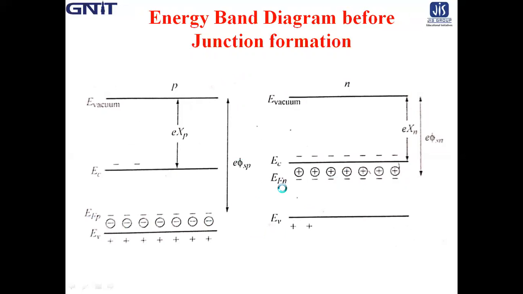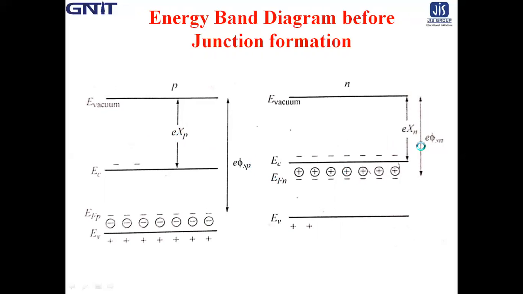The conduction and valence band and the vacuum energy levels are indicated, and they are EXP and EXN. EXN is called electron affinity, and EXP is called hole affinity, which is basically the energy difference between conduction band and vacuum level.